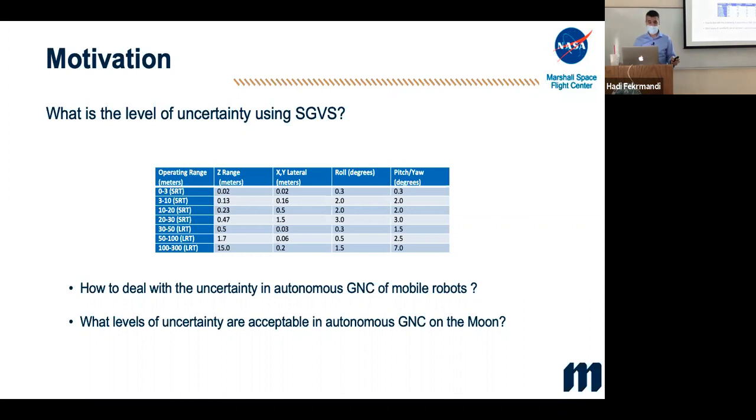This means that you can install these targets on a robot, and then the other robot can look at it from its camera and use the SVGS algorithm, which I didn't explain, by the way, but that uses the collinearity equations.